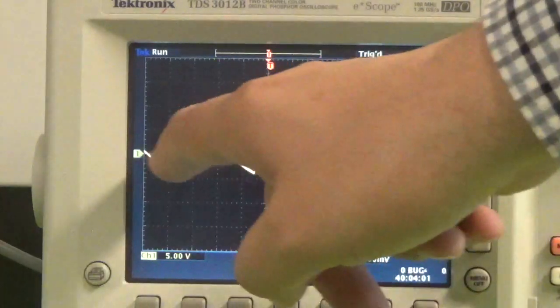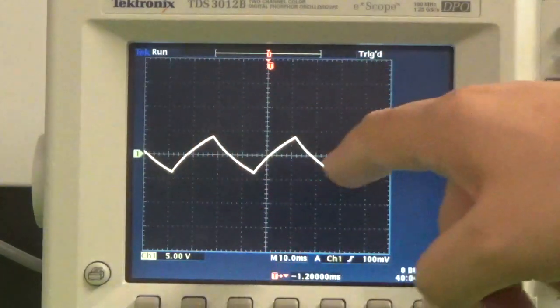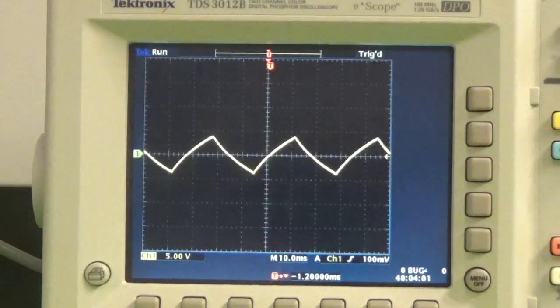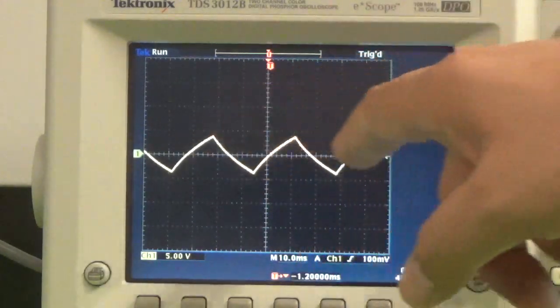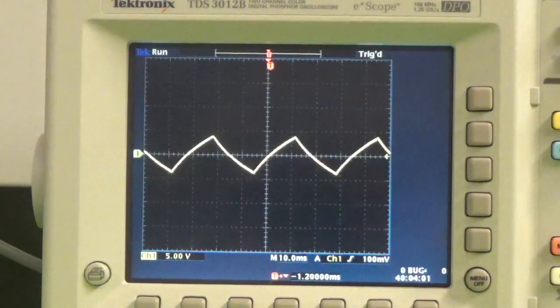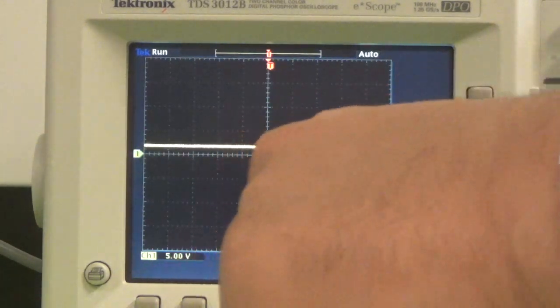So I will connect the 1 kilo ohm, and I would like you to look at here. Do you have the same shape? Does the signal have the same shape that it had with the 59 ohms? So what do you think? I will go back to the 59 ohms so you can see the difference again.